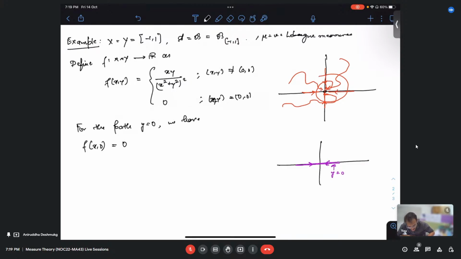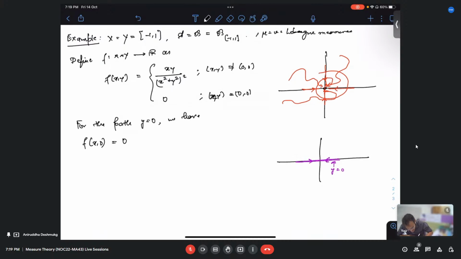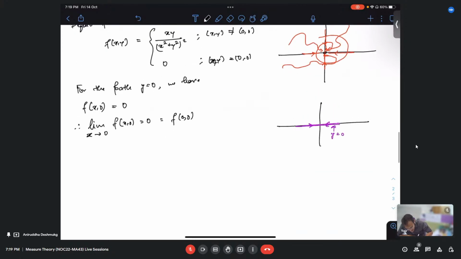Because once y is equal to 0, then the above thing is 0. And if x is also equal to 0, then by definition it is 0. So therefore, the limit as x goes to 0 of f of x, 0 is 0, which in this case is f of 0, 0.